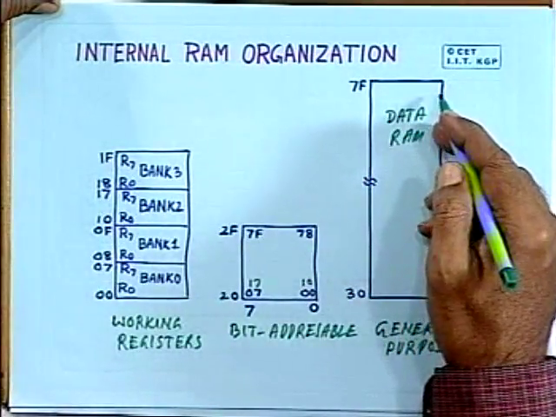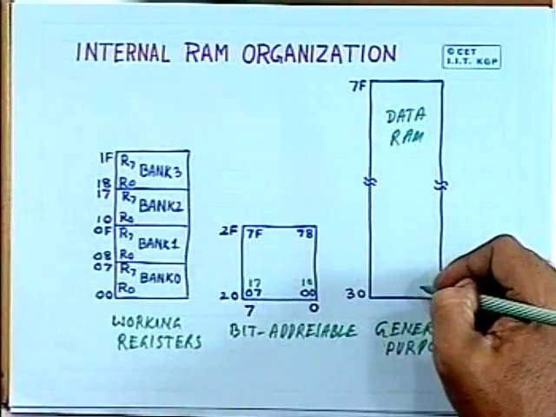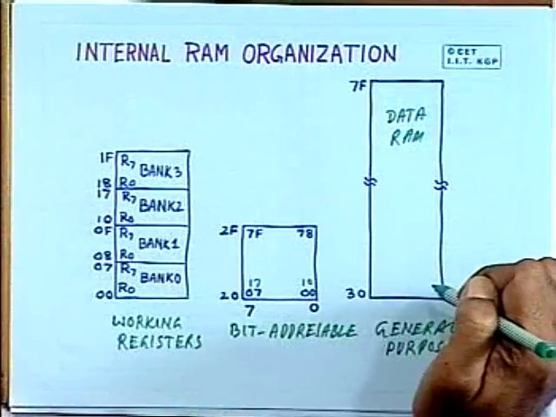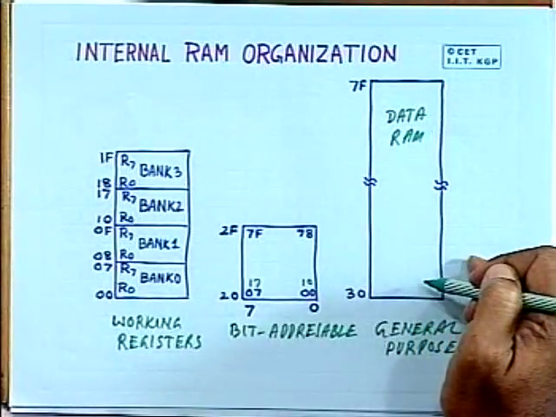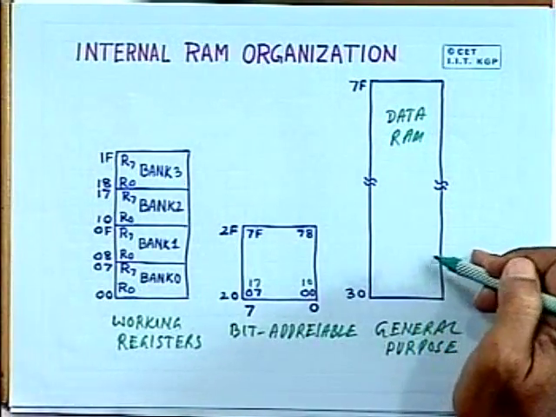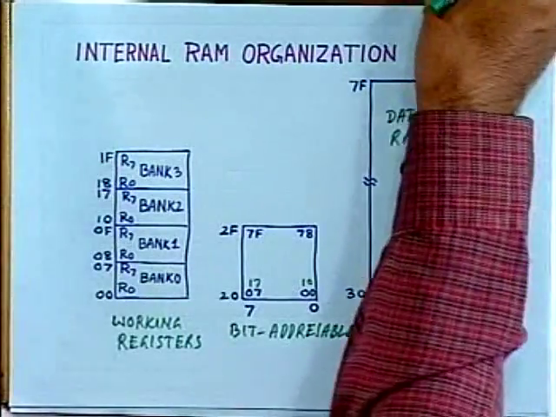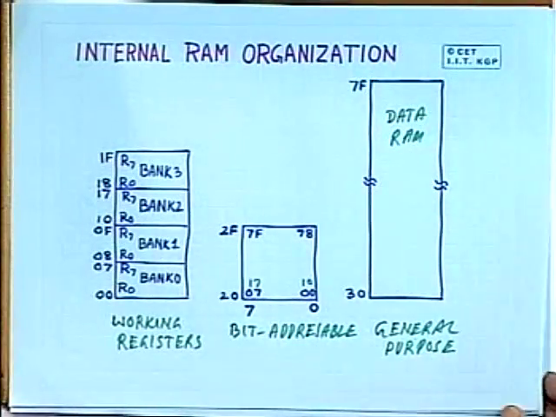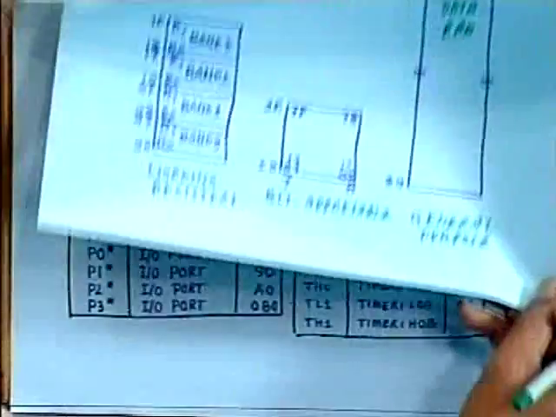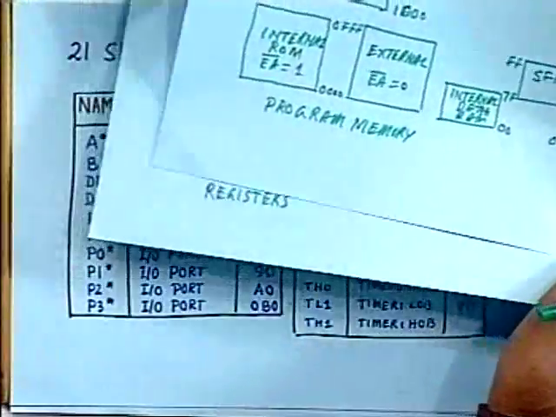You can store your data, intermediate data here. You can also initialize part of it for stack. That means you can use this RAM as stack, or you can use it for storing data. So this is your internal RAM organization, which also shows how the registers are organized.